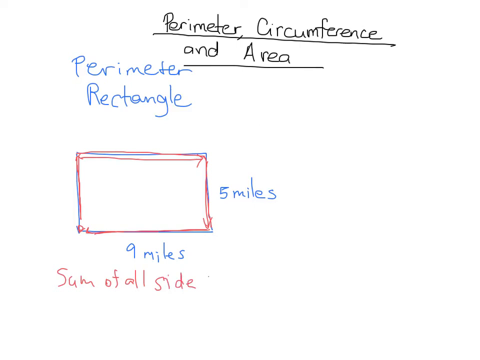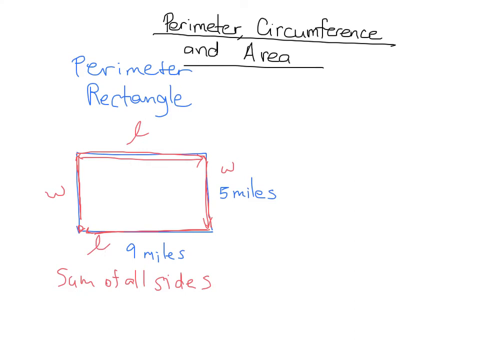Now, you may have learned that if this is length and this is width, well, this is also width and this is also length. So you may have learned that for a rectangle, it is L plus L, so 2L plus 2W. But why memorize the formula when you understand what perimeter means? So you're really just adding the sides each time.